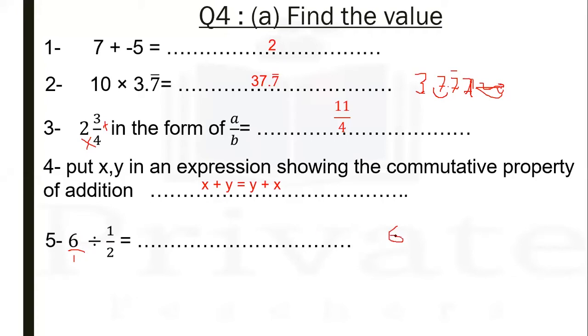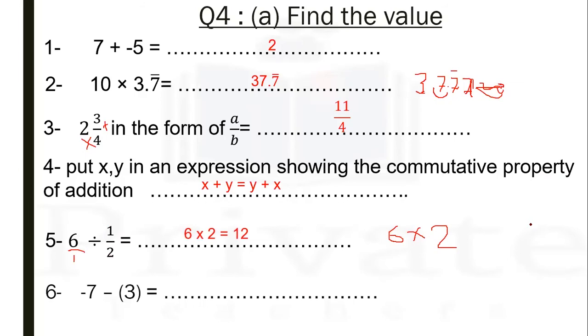The division sign becomes multiplication, and we bring the reciprocal of the second number. The reciprocal means changing the denominator to make it the numerator, and the numerator to make it the denominator, so it becomes 2 over 1, which we can say 2. So it becomes 6 times 2, which is 12.